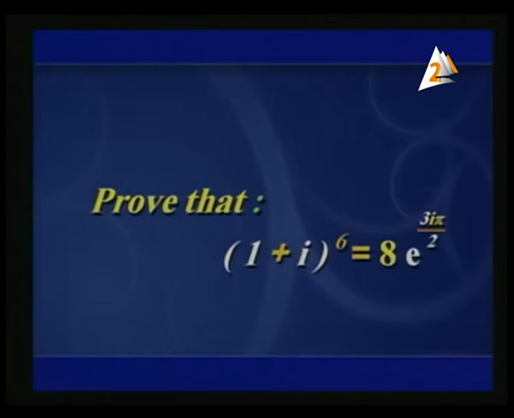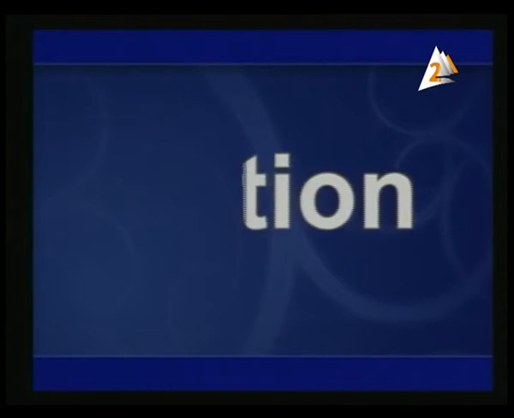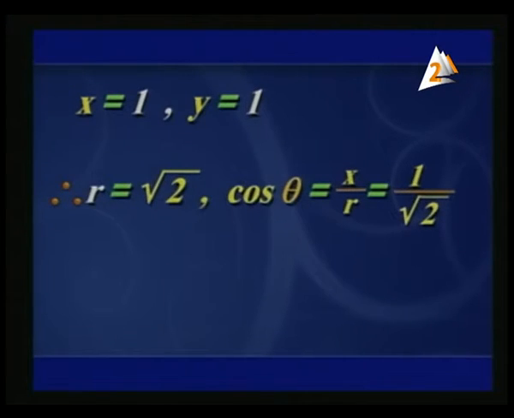Prove that (1 + i)⁶ equals 8e^(3iπ/2). Solution. x equals 1 and y equals 1, therefore r equals √2, and cos θ equals x over r equals 1 over √2.